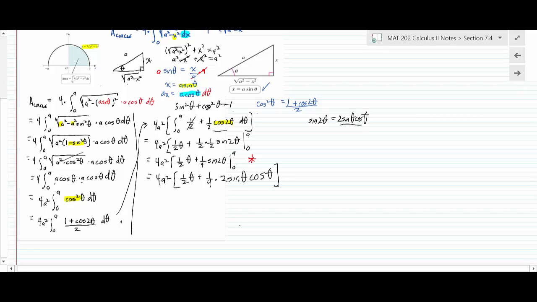Now I'm going to go back and look at my triangle. One of the things you got to do in these problems is you don't want theta to be a part of what you're working with. And then we're going to evaluate this in a few minutes from 0 to a, like that. So I need to slide that in like that.